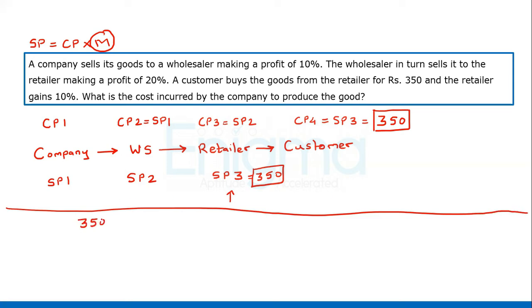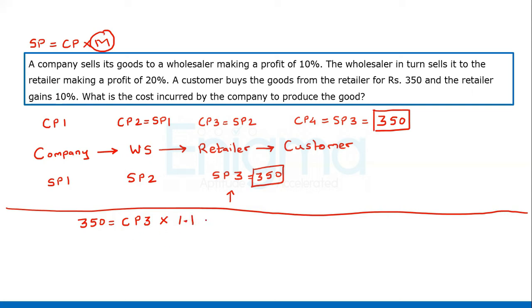So 350 is equal to cost price 3 into multiplier. Now the retailer is selling it at 10% profit. So therefore the multiplier will become 1.1.